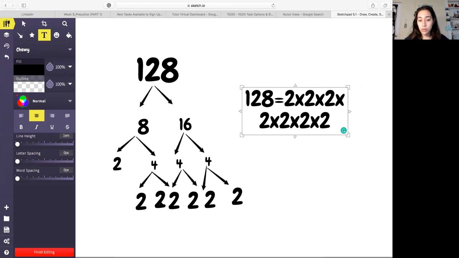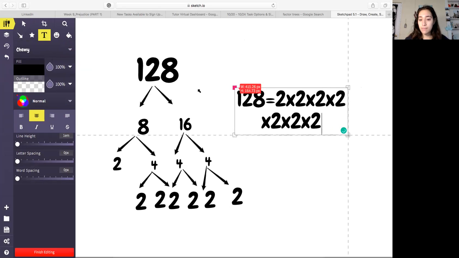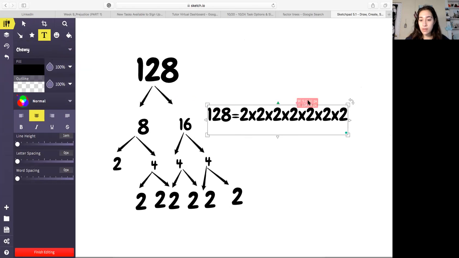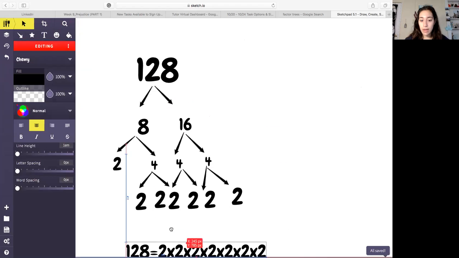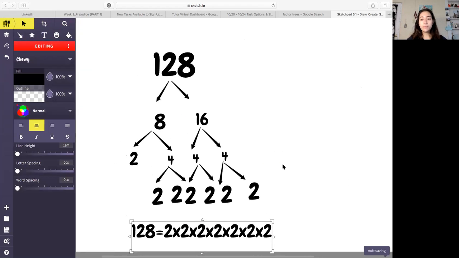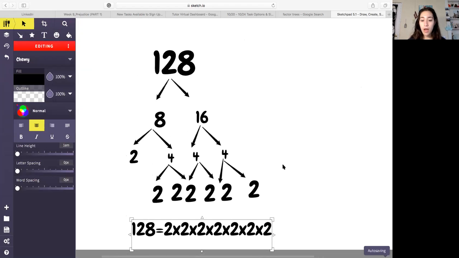So that's 1, 2, 3, 4, 5, 6, 7 twos. And that is our answer. Factor trees are used to find the prime factorization of a product.